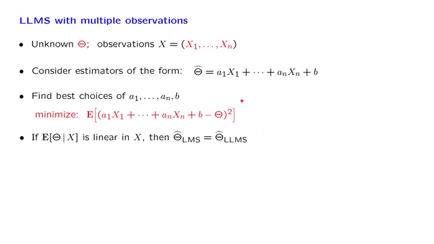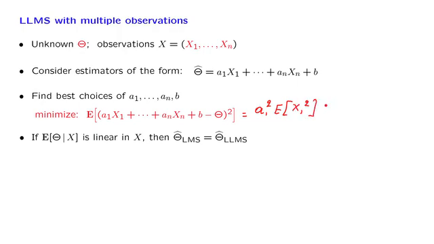Now let us look into what it takes to carry out this optimization. If we had a single observation, then we have seen a closed form formula, a fairly simple formula that tells us what the coefficients should be. For the more general case, formulas would not be as simple, but we can make the following observations. If you take this expression and expand it, it's going to have a bunch of terms. For example, it's going to have a term of the form a1 squared times the expected value of x1 squared.